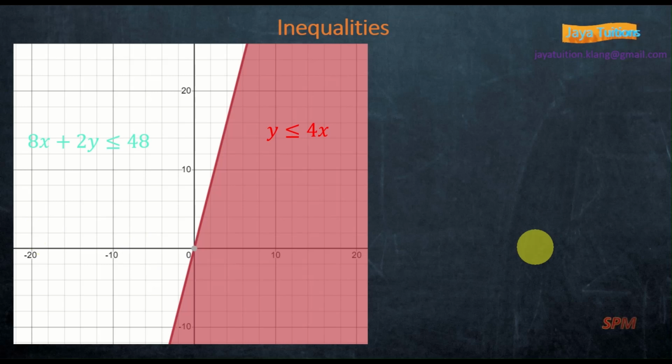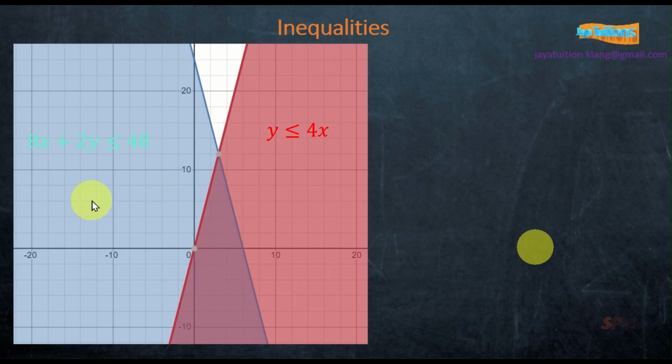If you put x equal to 0, then y will become equal to 48 divided by 2, so 48 divided by 2 will be equal to 24. Somewhere here it will come. And if you put y equal to 0, then 8x is equal to 48, and 48 divided by 8 will be equal to 6. Somewhere here it will come. And it is less than or equal to, so all the portion below will be coming in this case.